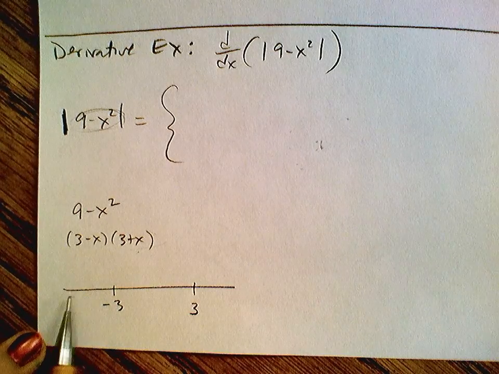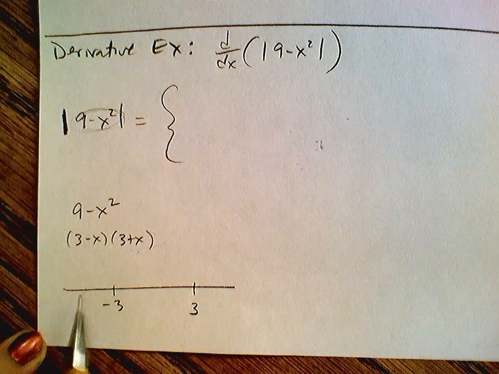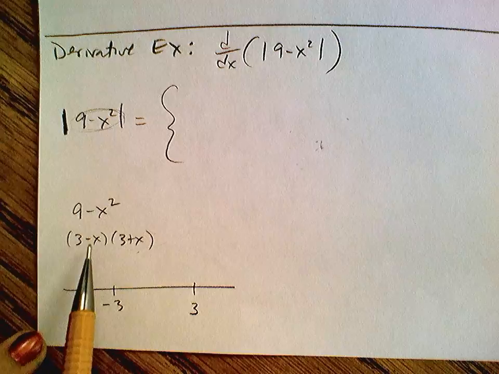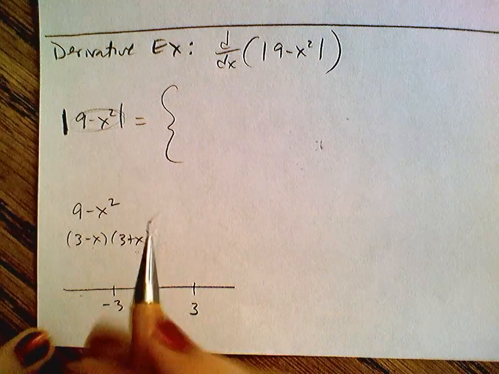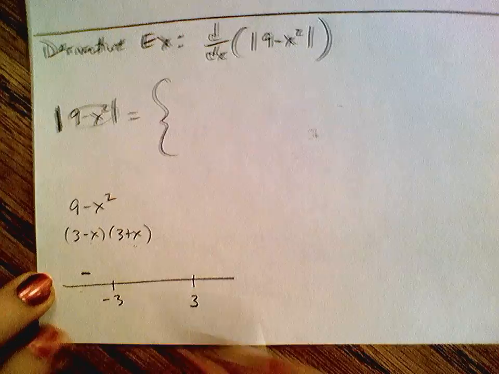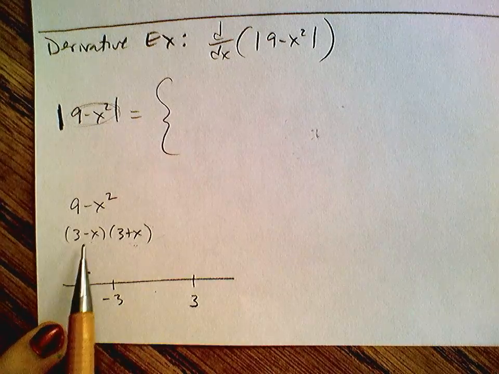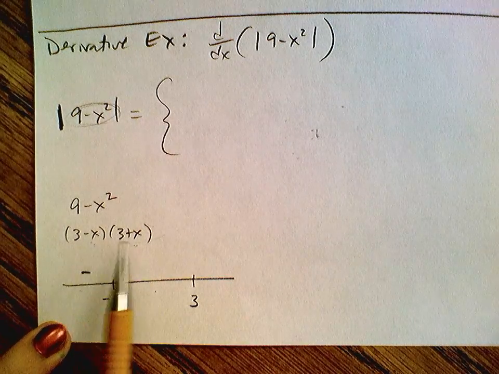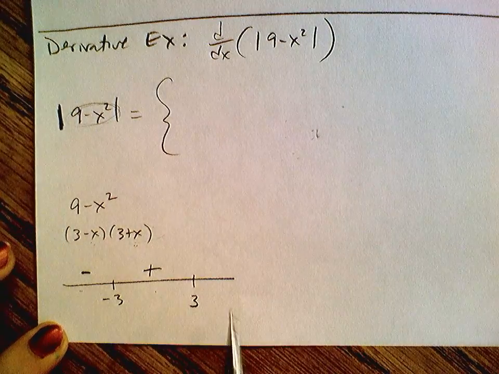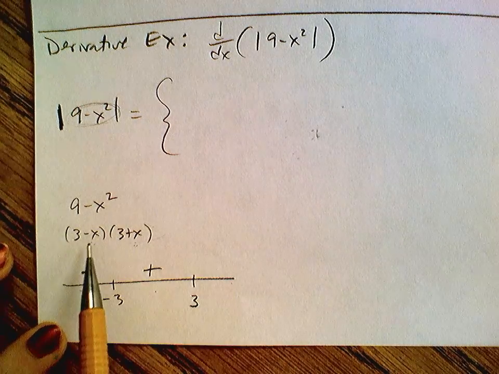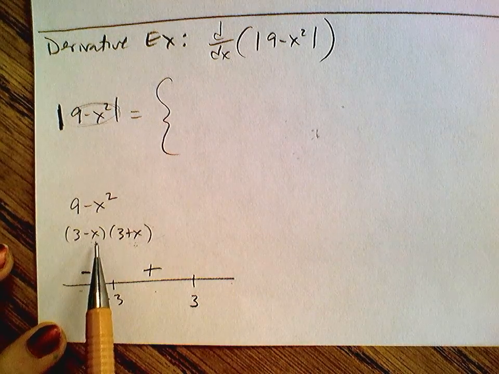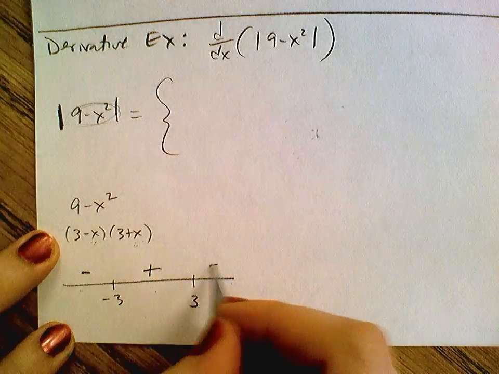So if you plug in -5, you would get a positive and a negative. Positive times negative is negative. Plug in 0, you would get a positive times a positive, which is a positive. Plug in 5, you'd get negative, positive, negative.